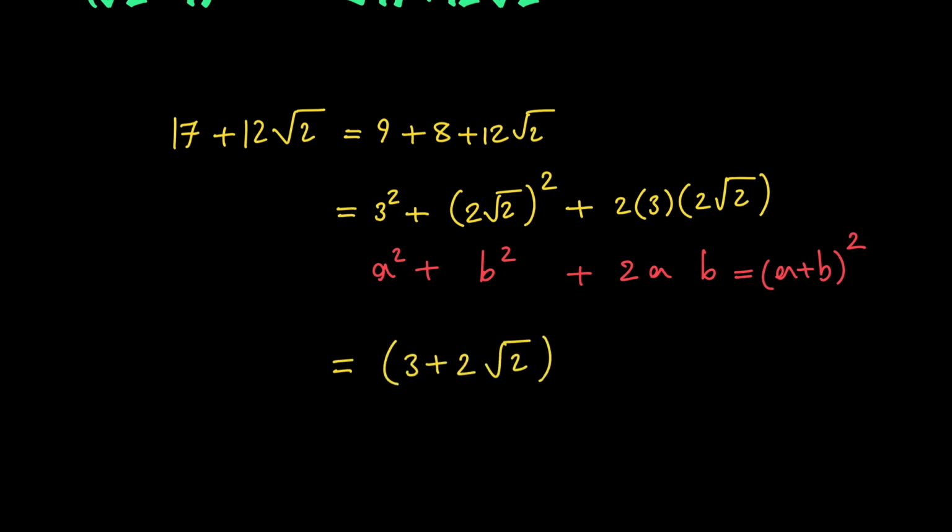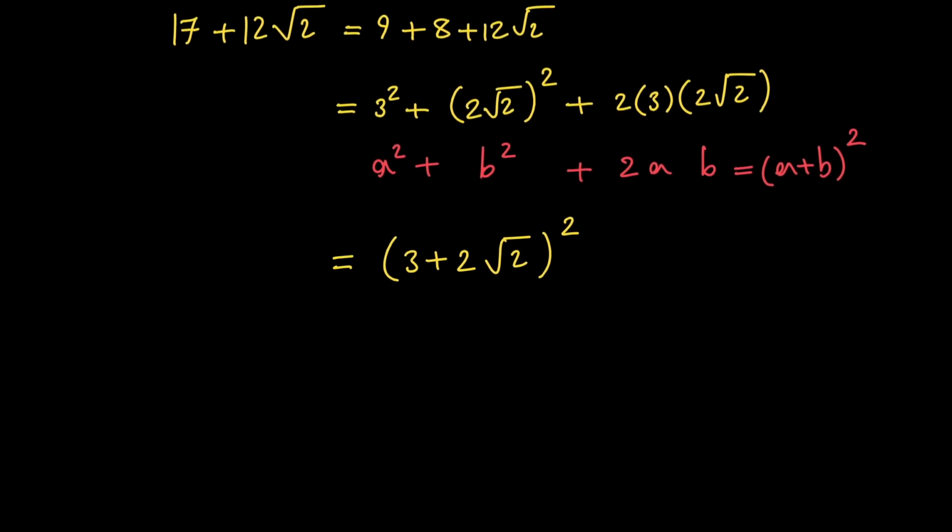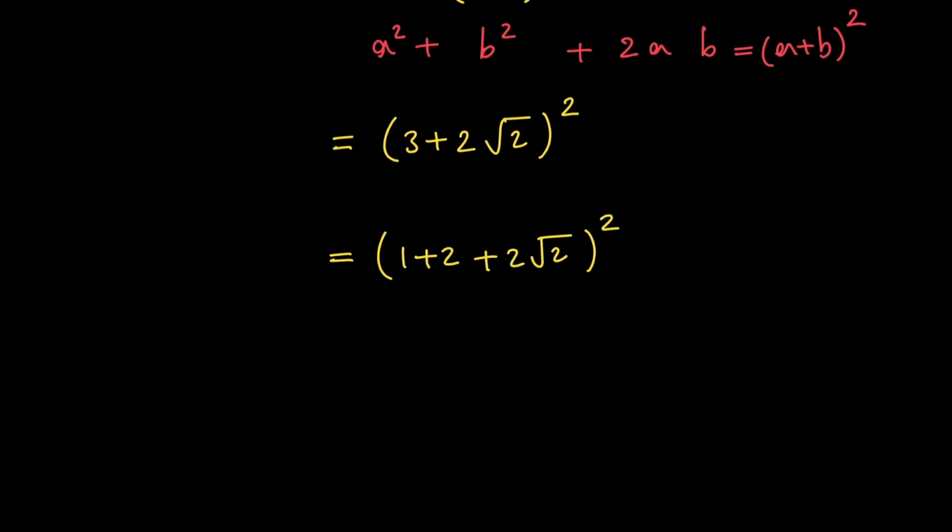2 all squared. Great. Next, let's replace 3 with 1 plus 2. And then let's replace 1 with 1 squared, replace 2 with the square root of 2 squared, and replace 2 times the square root of 2 with 2 times 1 times the square root of 2.